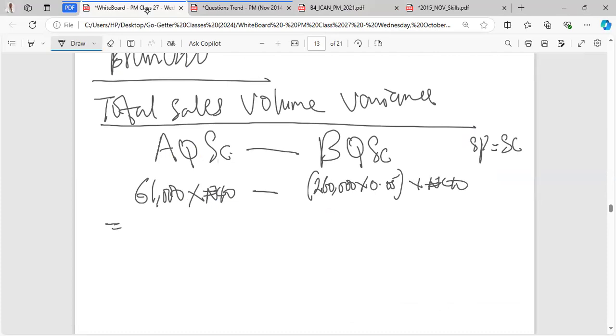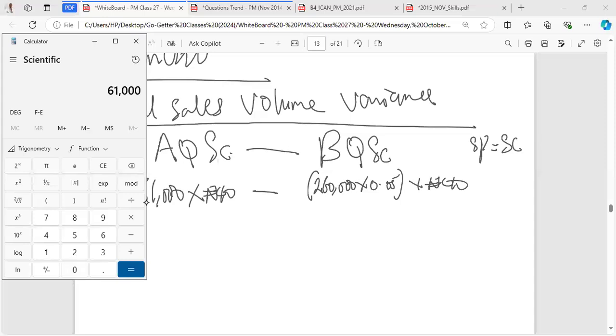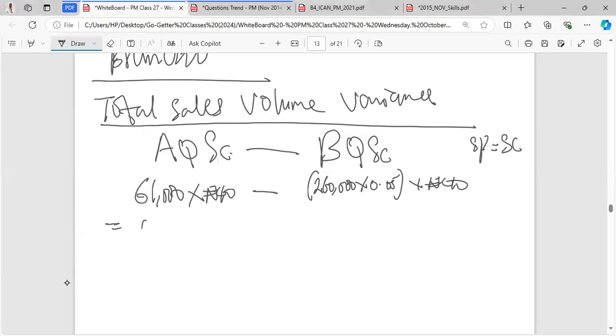So this is going to be 61,000 multiplied by 40. That gives me 2,440.